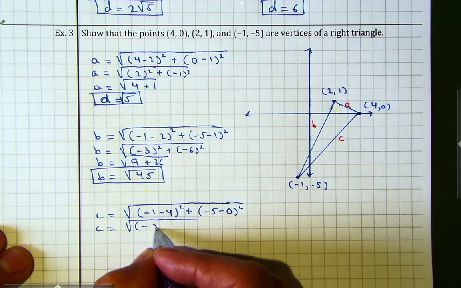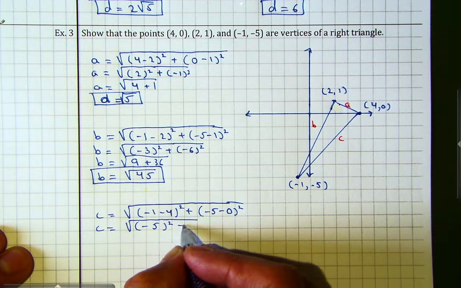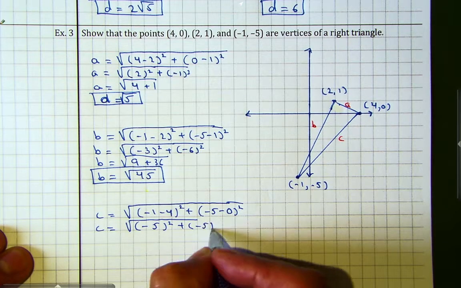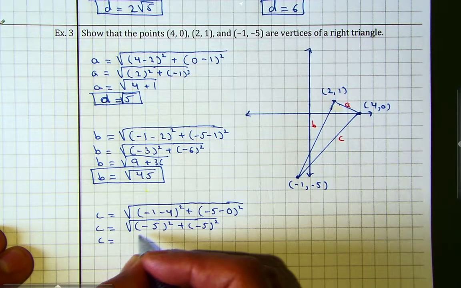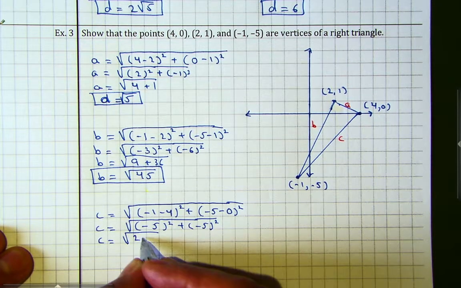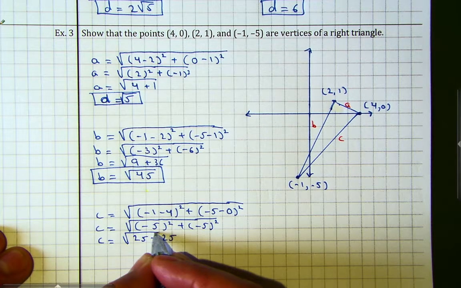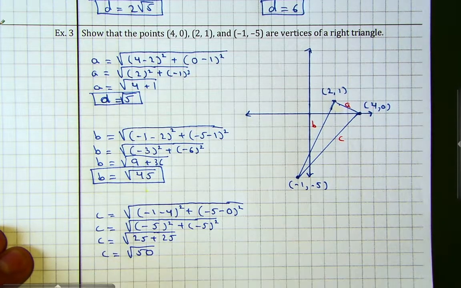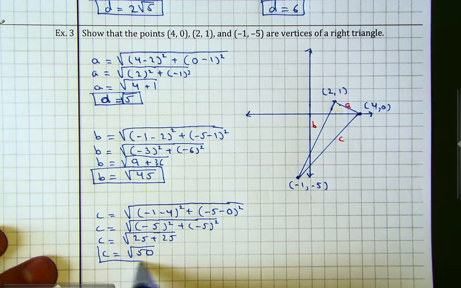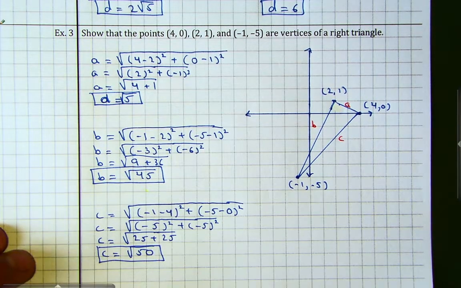That gives me negative 5 squared plus negative 5 squared. So negative 5 squared is 25 plus 25, the square root of 50. And I'm going to leave it as that as well. I'm not going to simplify it as 5 square root of 2.